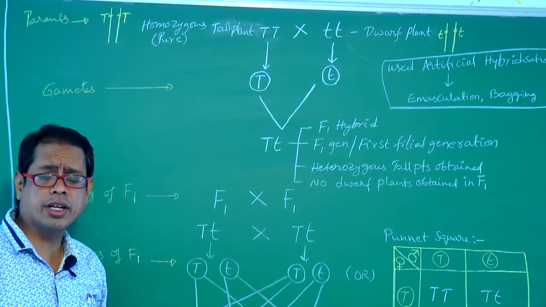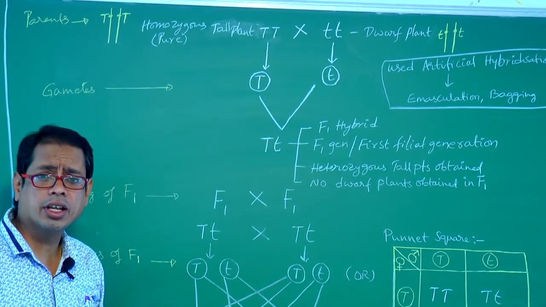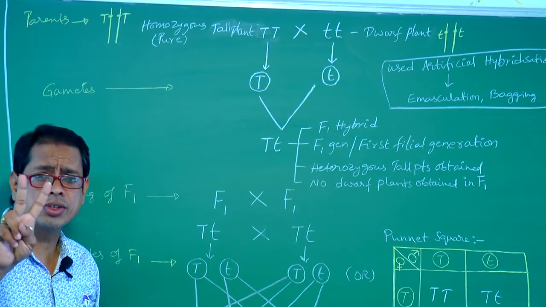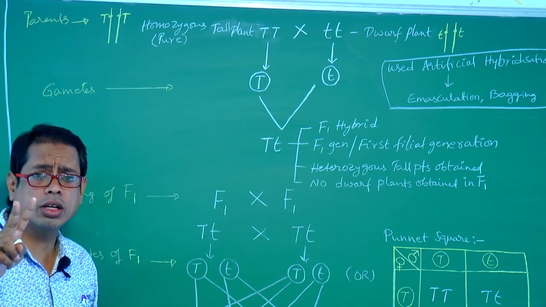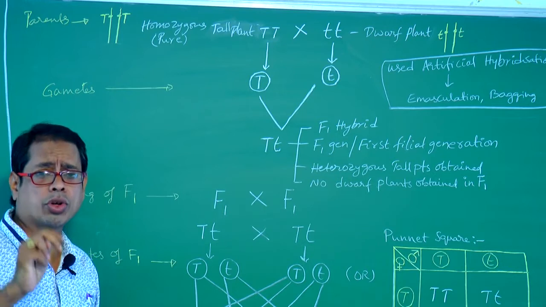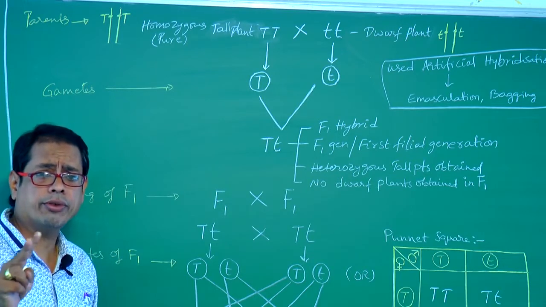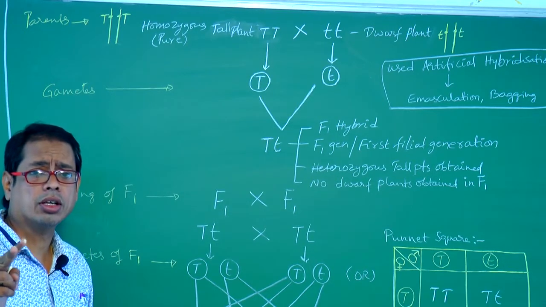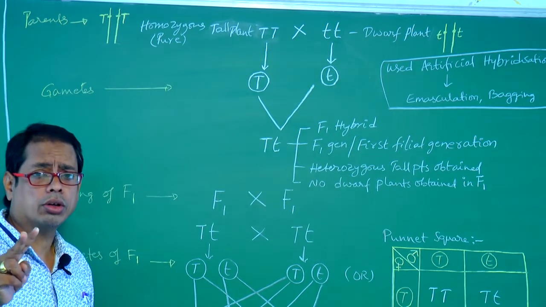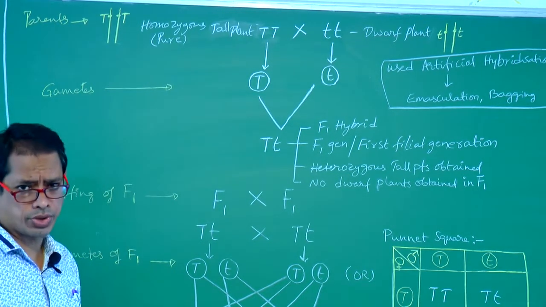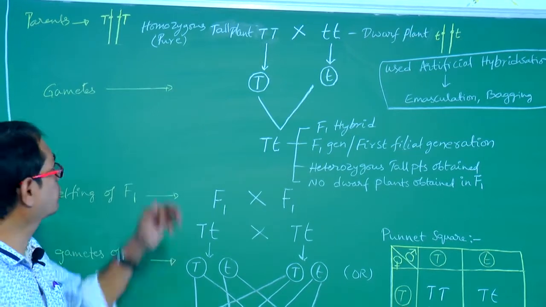A gene is represented by how many alleles? A pair of alleles. Those two alleles will be on two homologous chromosomes, a pair of homologous chromosomes.